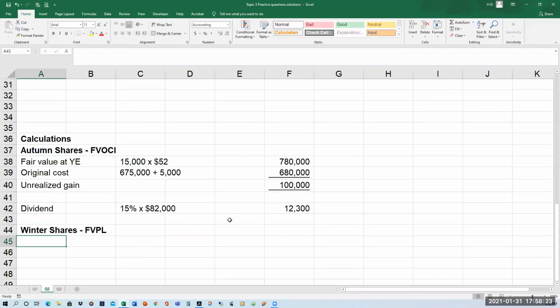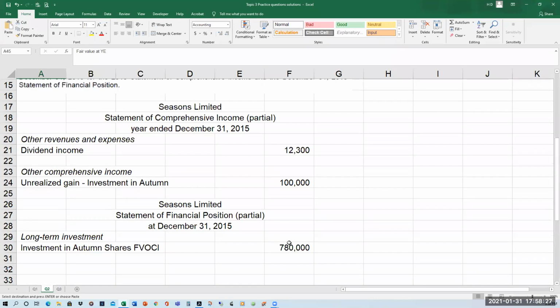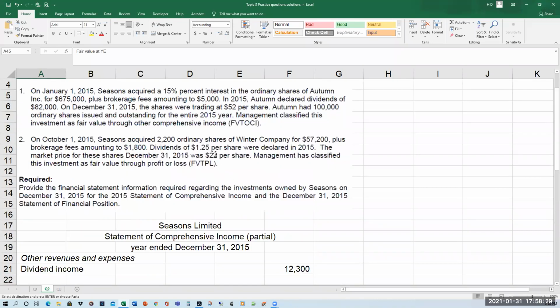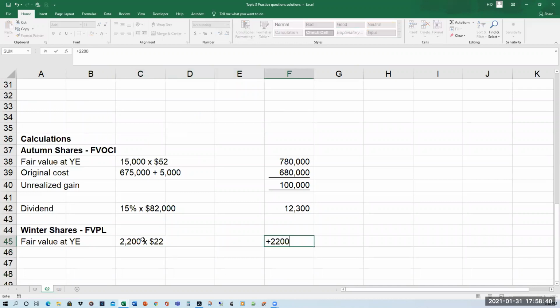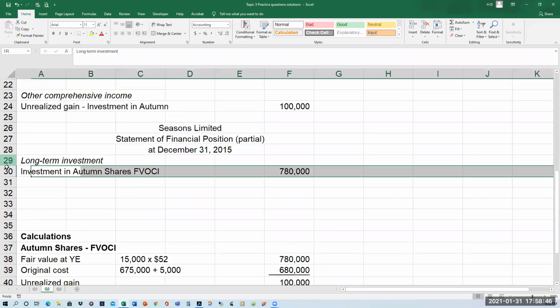So anyways, fair value at year end: the number of shares is 2,200. Market price at year end is $22. So 2,200 shares at $22 each. That works out to $48,400.